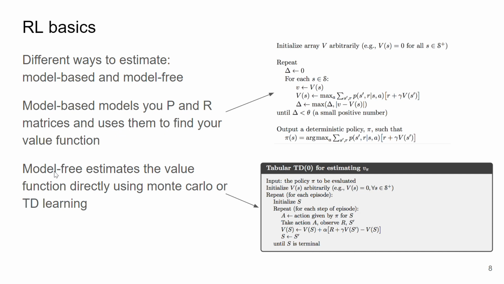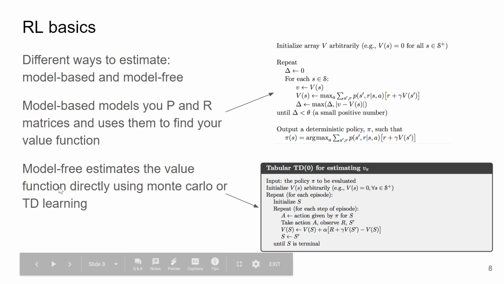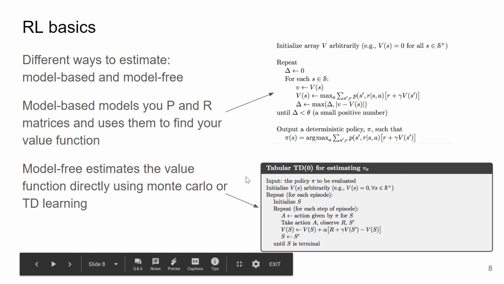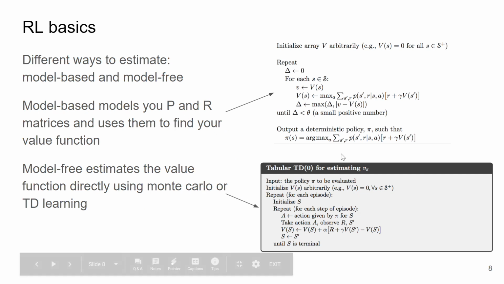In model-free, you don't model P and R, but you try to find the value function directly. Some algorithms used in model-based: once you have your P and R matrices constructed from your samples, you use something like value iteration to get the value of your policy. And in model-free, you use something like TD learning to find the value.